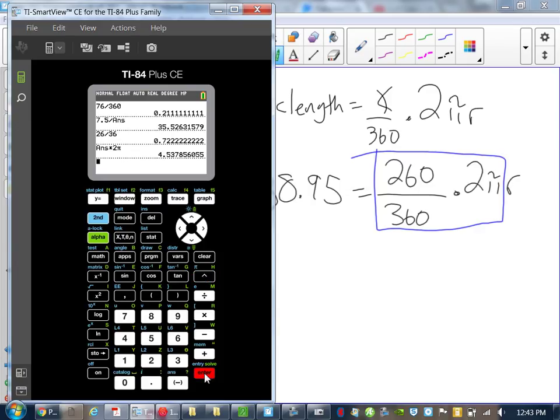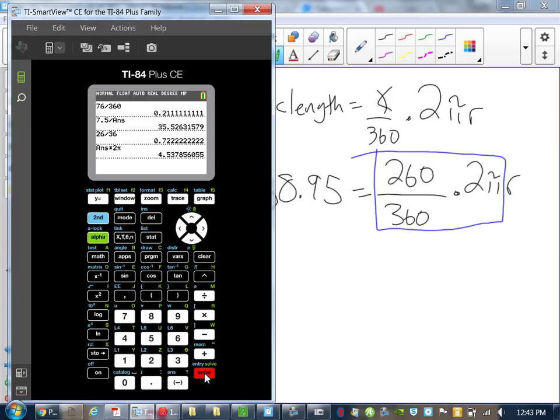Excuse me. And once again, you have some crummy number. That crummy number times the radius equals 38.95. Which means, to move it, you would divide by it.